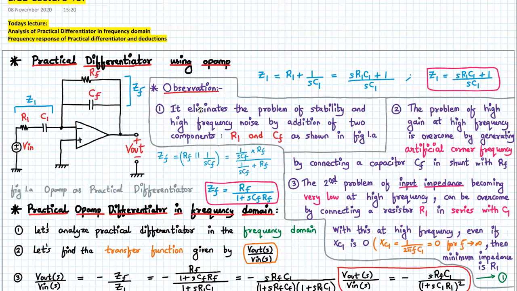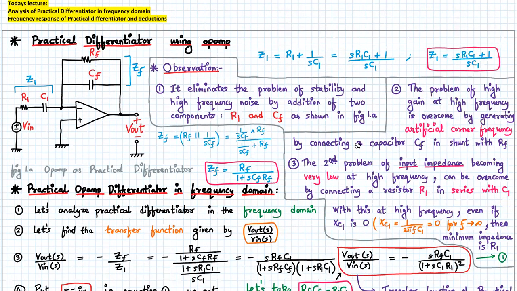Now certain observations before we proceed. This practical differentiator is reducing the problem of stability and high frequency noise by adding two components, R1 and CF. Let us analyze one by one. The problem of high gain at high frequency is overcome by generating an artificial corner frequency by connecting the capacitor CF in parallel with RF.